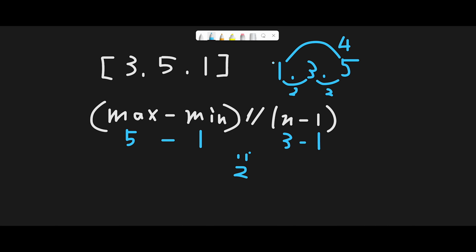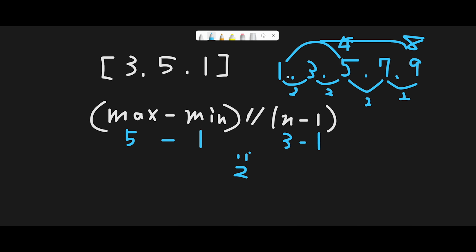So except this number. If we have 7, 9 as well, between 5 and 7 is 2, and between 7 and 9 is 2, right? In that case, the total difference between the minimum number and the maximum number is 8.